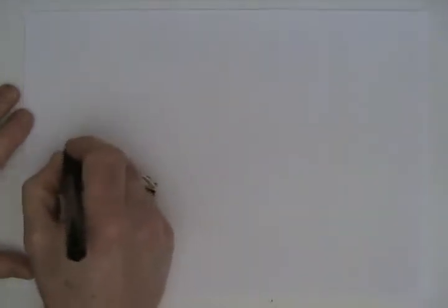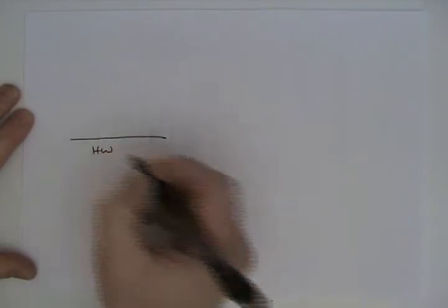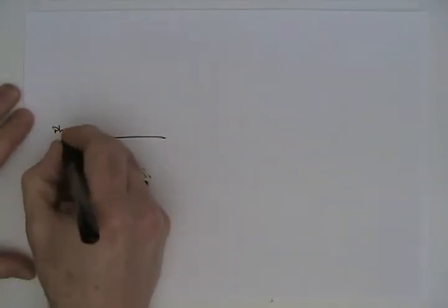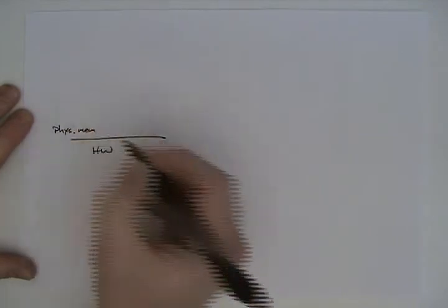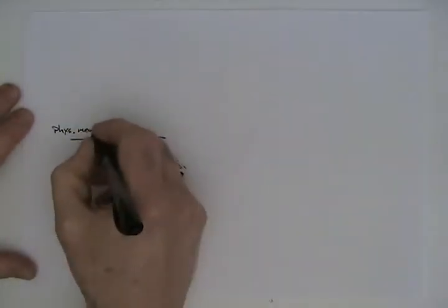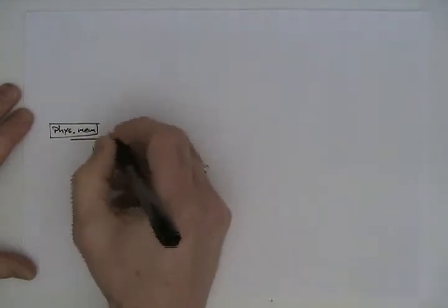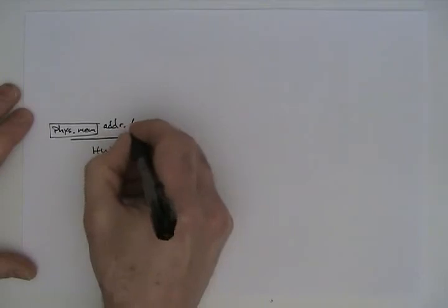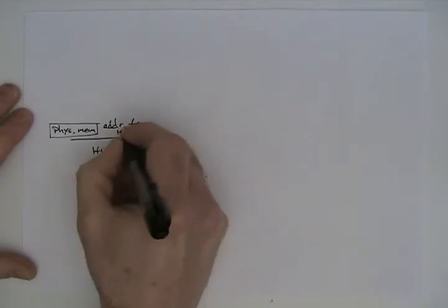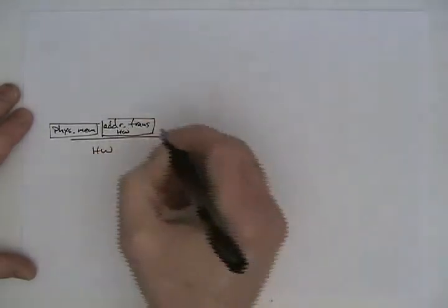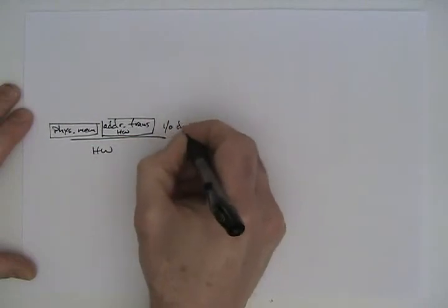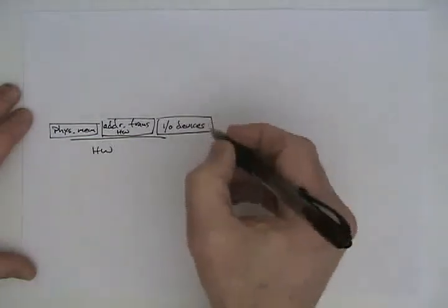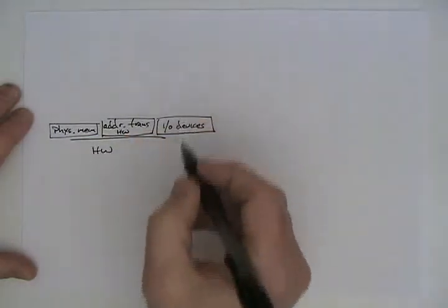So if you look at what the hardware provides, at this interface we have physical memory, address translation hardware, and I/O devices which you control by reading and writing.